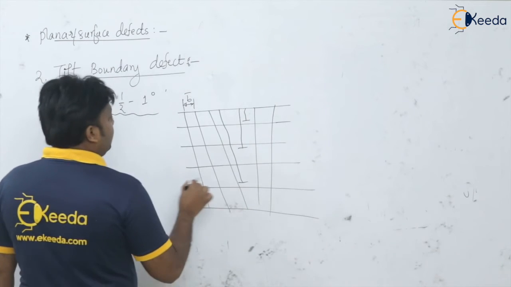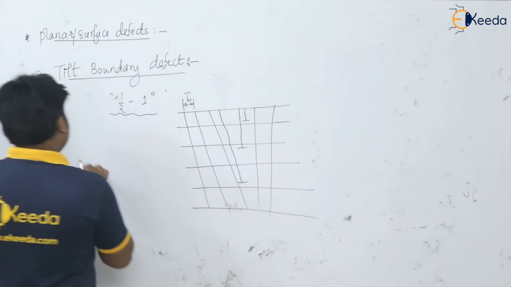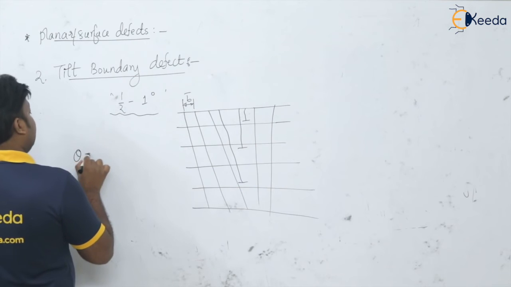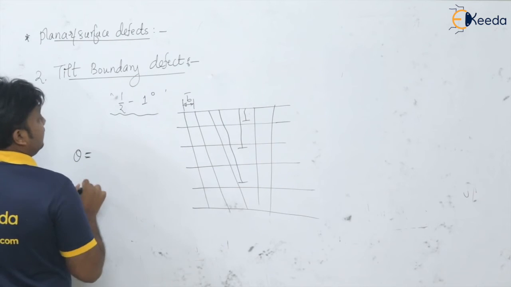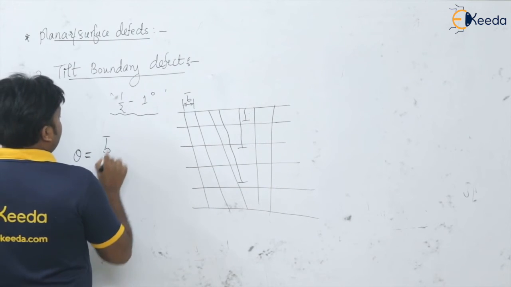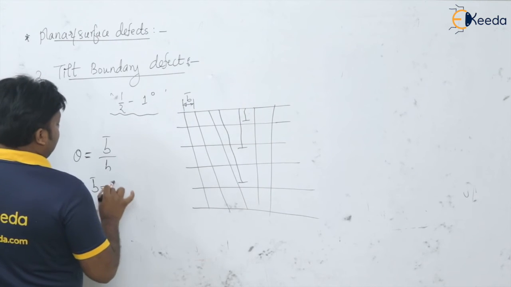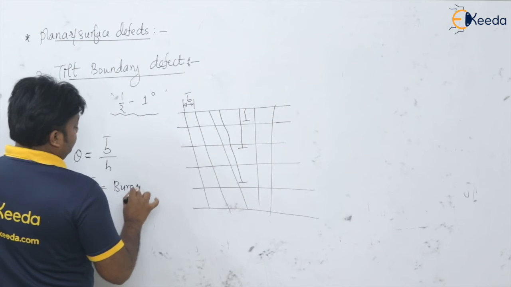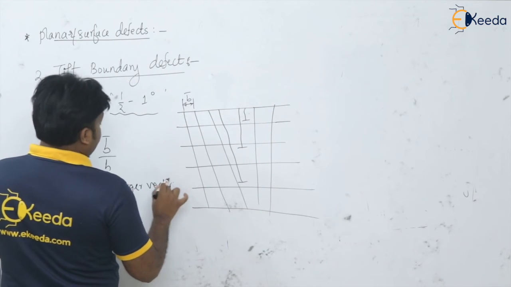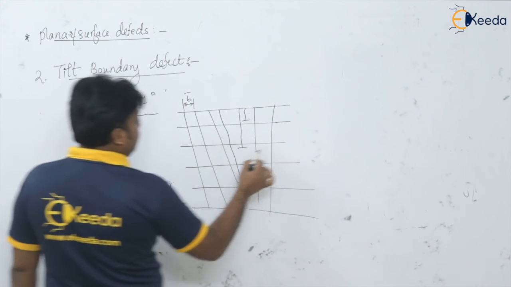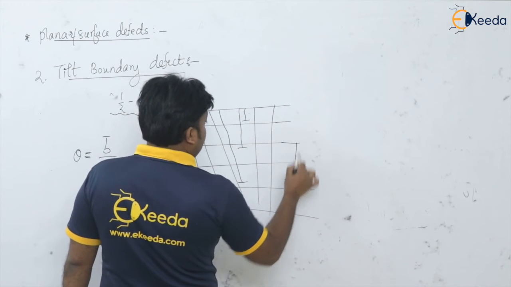So here we can have this theta, that is the angle of tilt, as B bar by H, where B bar is, you know, our Burgers vector. This H is what?